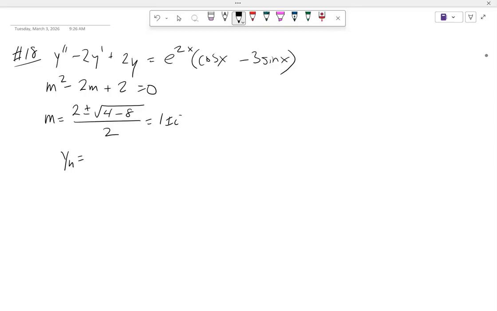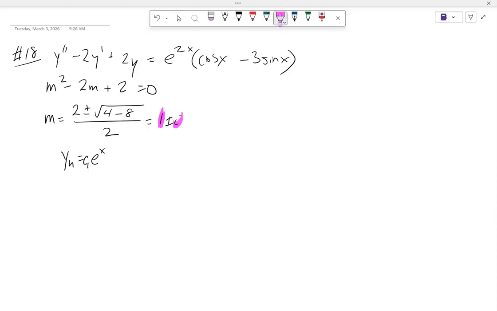Yep, there's an e to the x in there. What part is telling you the e to the x? The real part. Good. This part right here tells us that we've got an e to the x, an e to the 1x. We literally use that number as our coefficient on the x. So yes, we definitely have an e to the x in there. We also have a c1 in there.